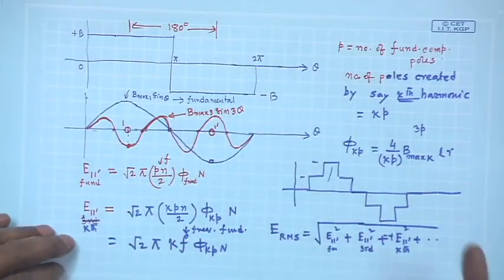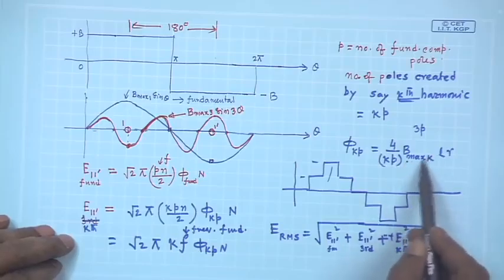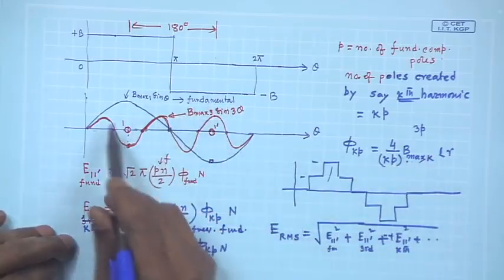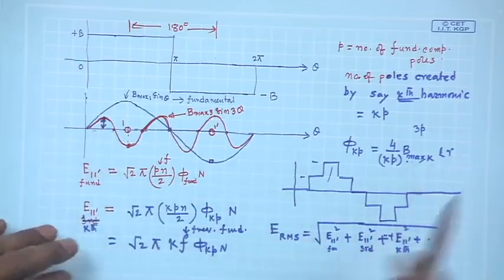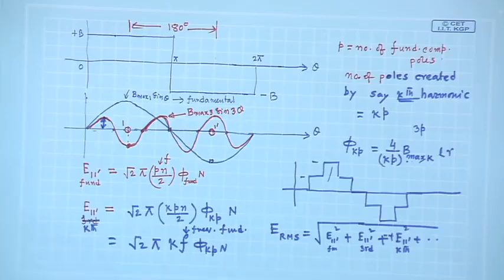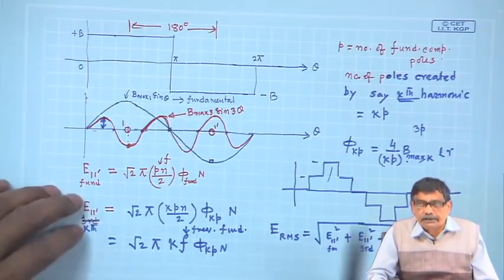So, 4 by K p B max K, where B max K is the kth harmonic's amplitude, into L into R. L R of course will not change, the length of the machine is fixed, R is fixed. We will continue next time. Thank you.